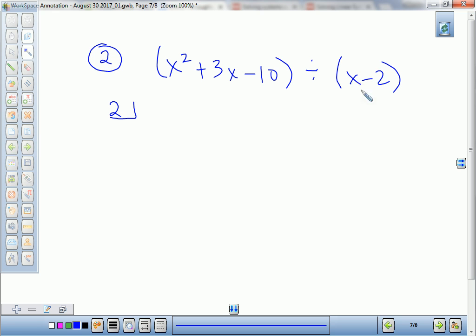Have we taken the opposite of something like that before? Isn't that how we got our x-intercepts? Where we took the opposite of the factor? Yeah. All right, so the 2 goes on the table, and then we bring down our coefficients. 1, 3, and our constant, negative 10.